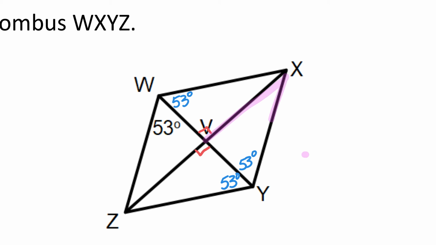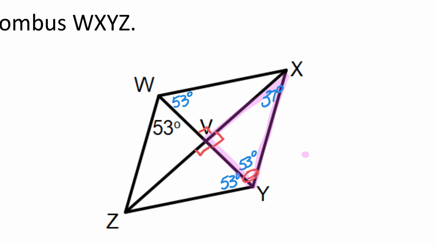So if I chose this one right here, sum of interior angles is 180. So 90 of it is here. 53 of it is here. So the remainder is going to be 90 minus 53, 37 degrees. 37 degrees.